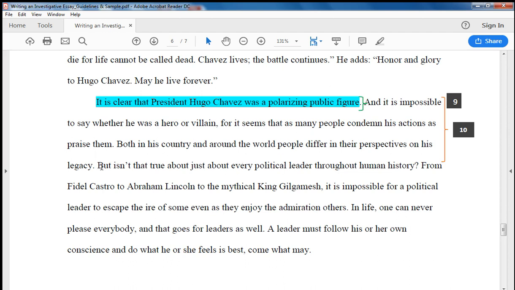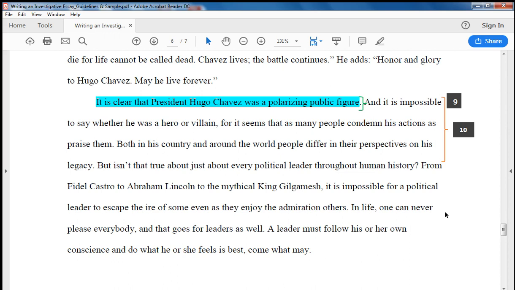Now she's saying, but isn't that true about just about every political leader throughout human history? From Fidel Castro to Abraham Lincoln to the mythical King Gilgamesh, it is impossible for a political leader to escape the ire of some, even as they enjoy the admiration of others.